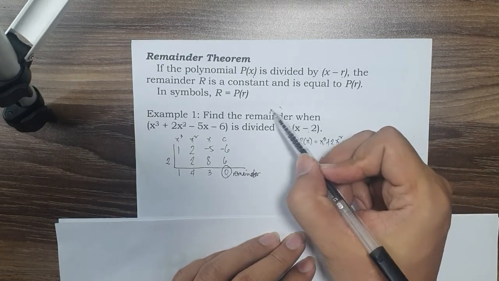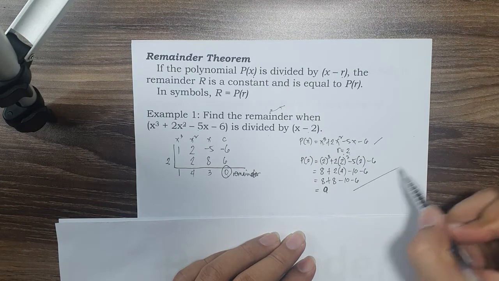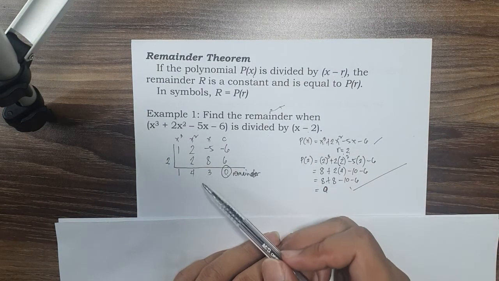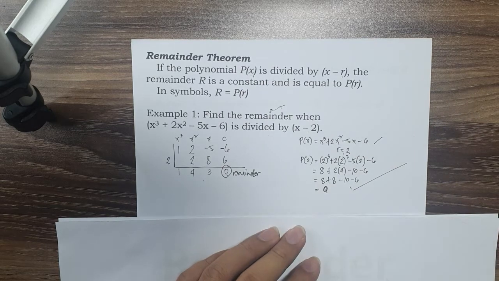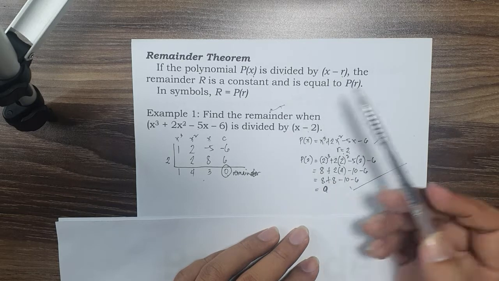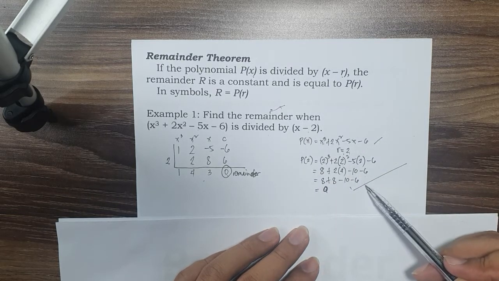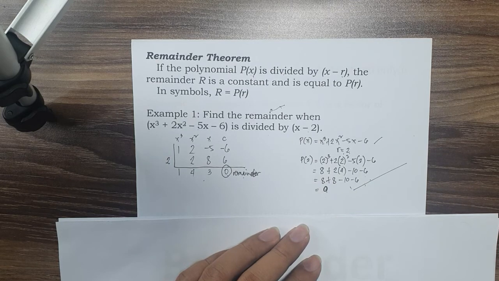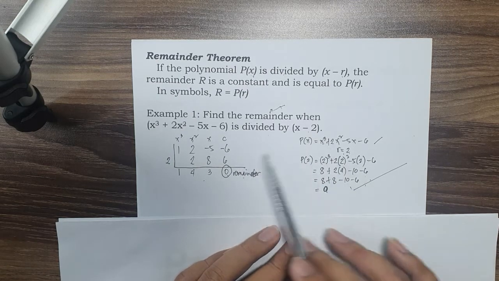Pero pag pinapahanap quotient, wala kang choice. Magsi-synthetic division ka. Pero kapag remainder lang naman ang pinapahanap, pwede nang ito na lang yung gamitin mo. Pero kung hindi mo siya gamay, di gamitin mo si synthetic. Okay? So, bahala ka.